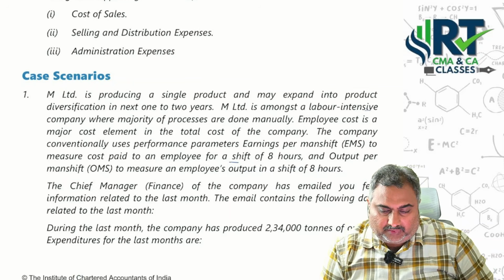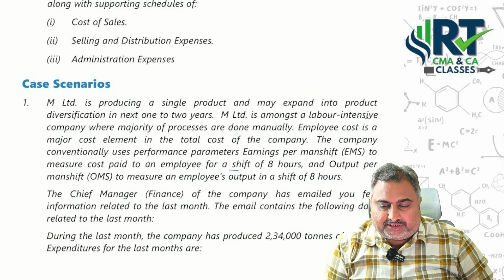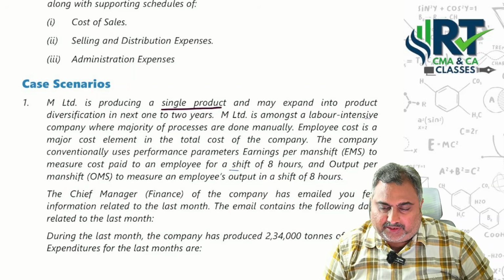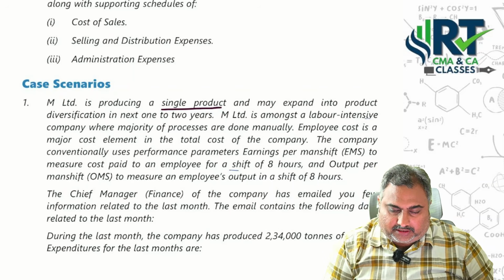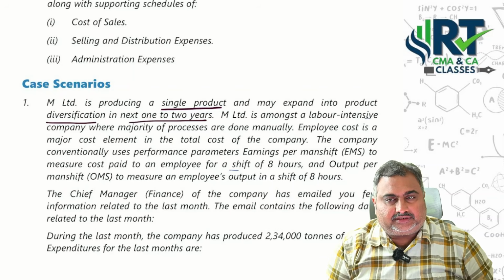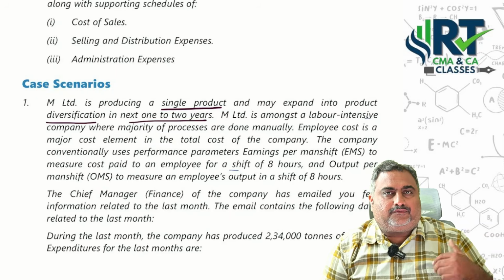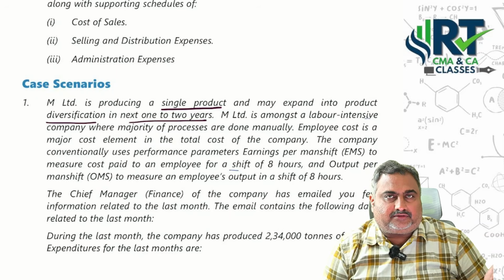M Limited is producing a single product. They are producing a single product and may expand into product diversification in the next 1 to 2 years. Later on they want to go for diversification in the upcoming 2 to 3 years.